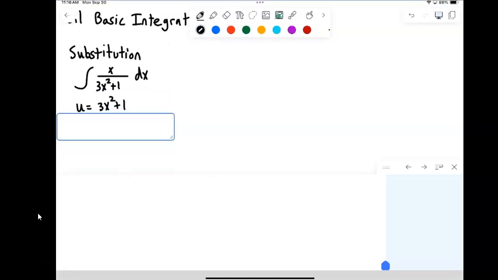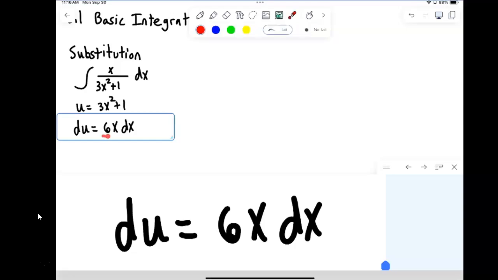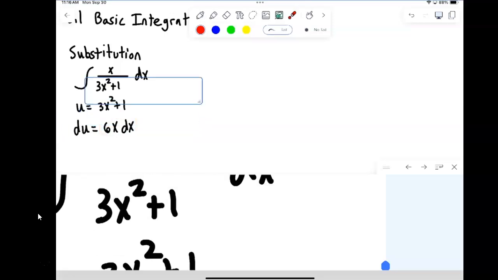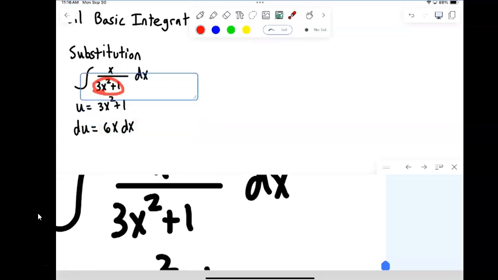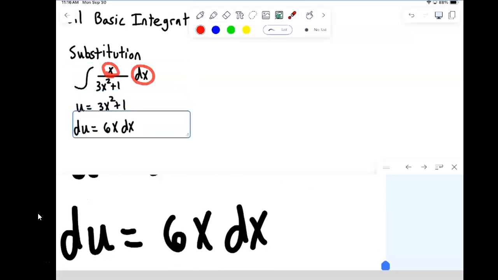Then we can differentiate implicitly, find out that du requires me to have a 6x to go along with my dx. So we account for our u, and we look to see what else we have. In this case, we have a dx, and we also have a lonely x, which is good because that fits the variable part of what we need here.